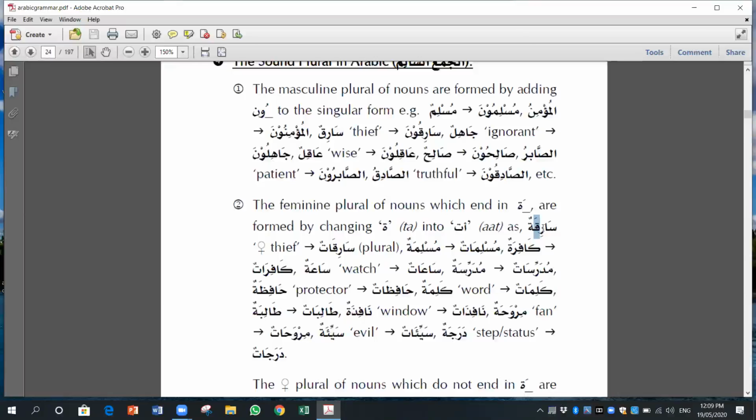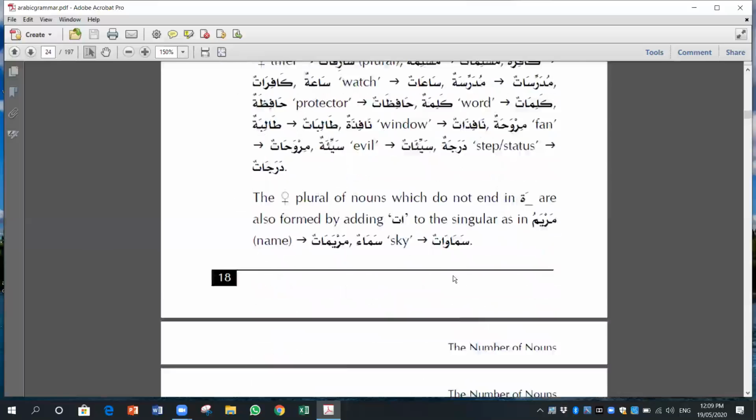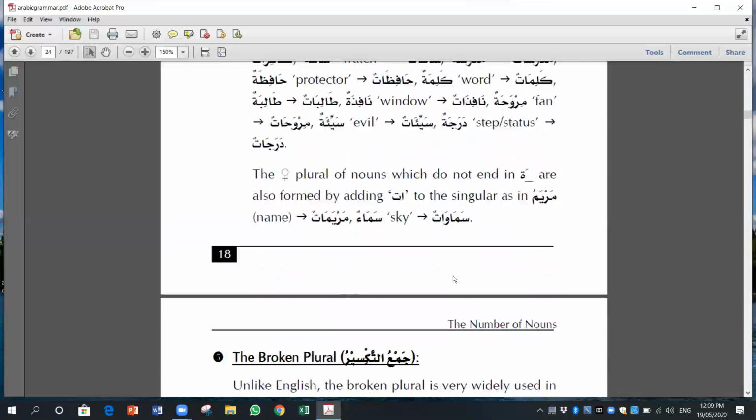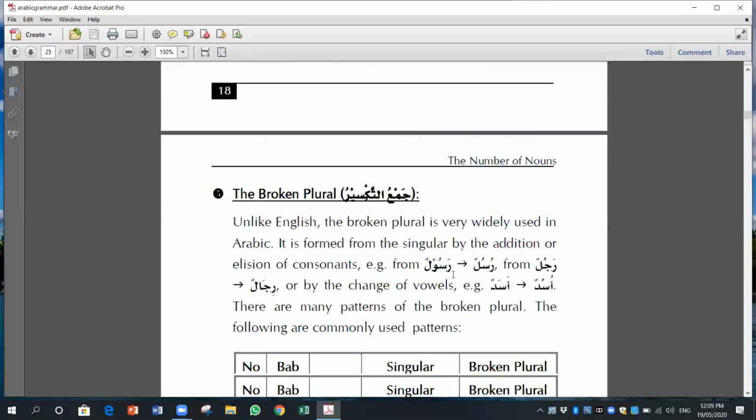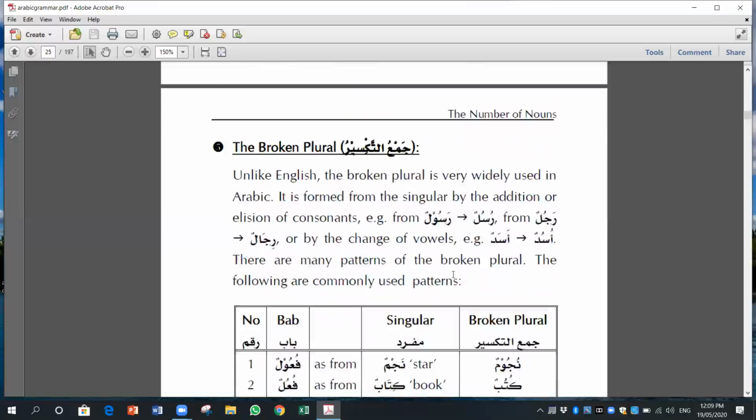So just this pronunciation change, prolonging the sound, will change the meaning from one to plural. We need to be very careful with this. If there is no alif, we have to shorten the sound. Alhamdulillah, that was for Jama Salim, sound plural. And the other one is broken plural.